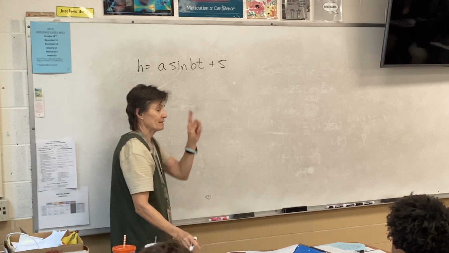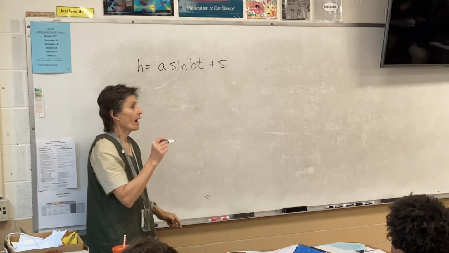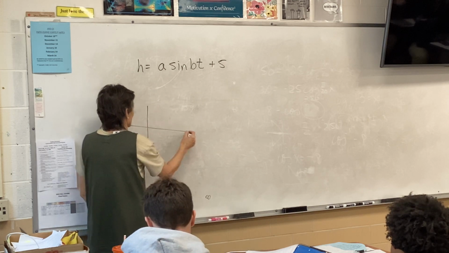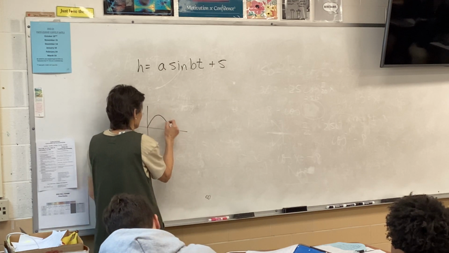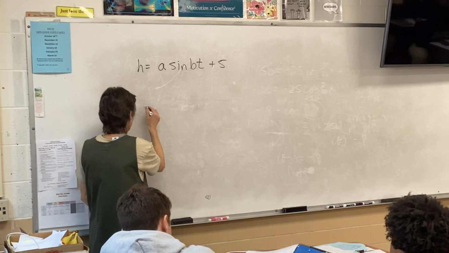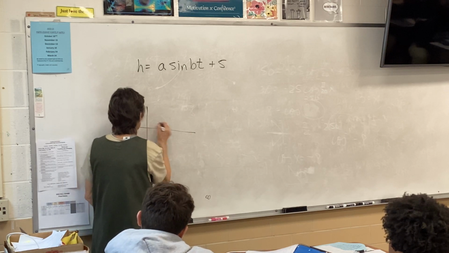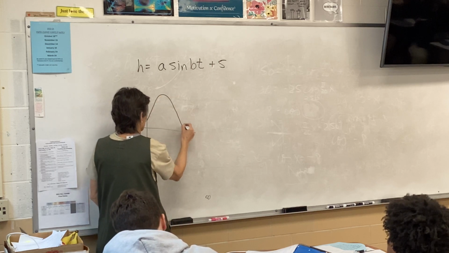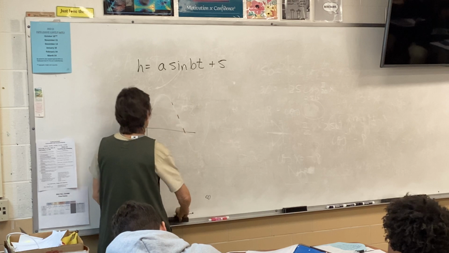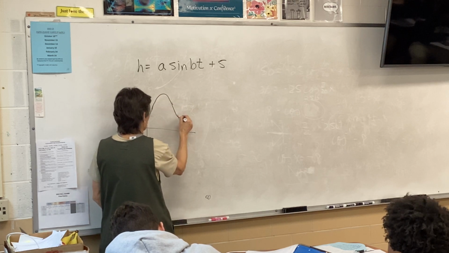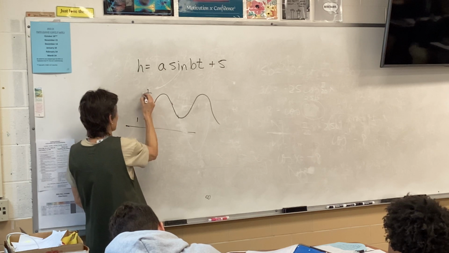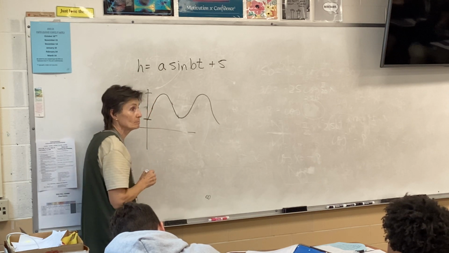So I want you to think about that for a second. The height of this curve, it's a sine curve, for argument's sake. Well, the height varies from 1 to 9. So that means the lowest point is 1 and the highest point is 9?